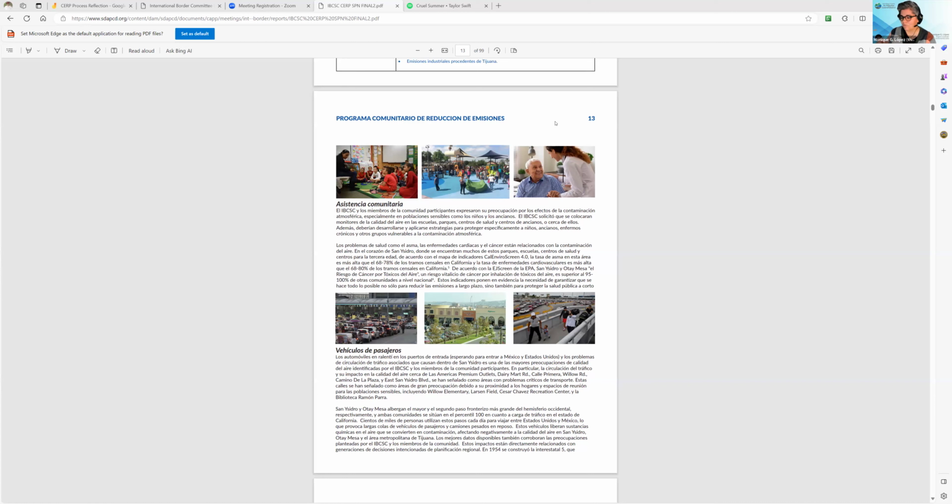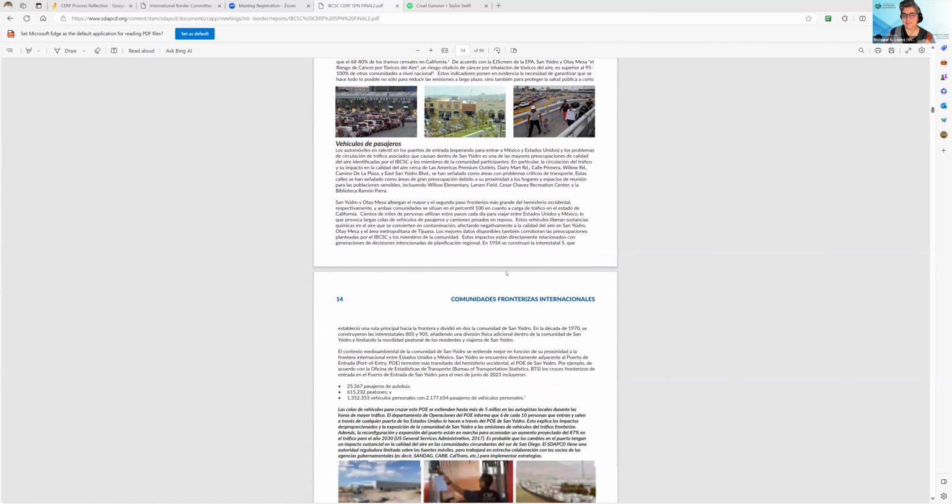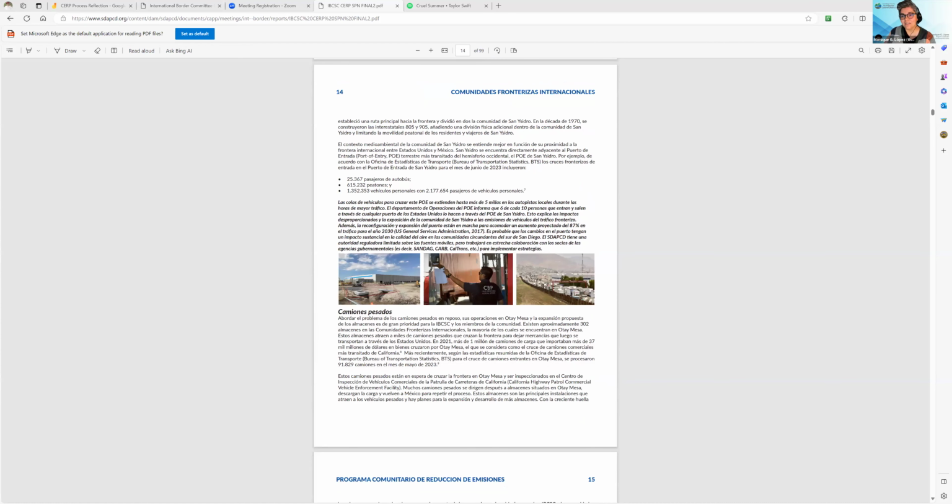So we're going to have hopefully a shorter version, similar to how we had the CAMP in a shorter version as well for folks to be able to read, because this document itself is 99 pages, and that's a bit much to read, but we'll have it in a shorter version in English and Spanish, hopefully by the next time we meet.